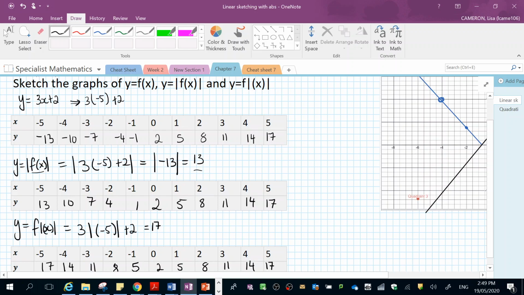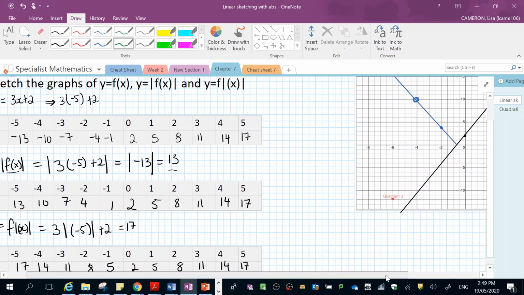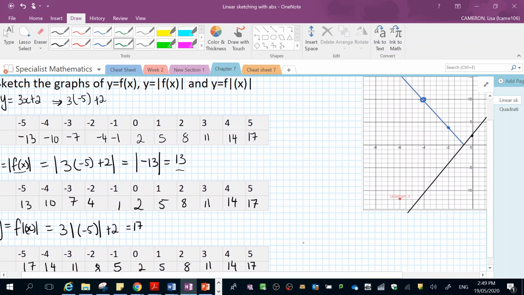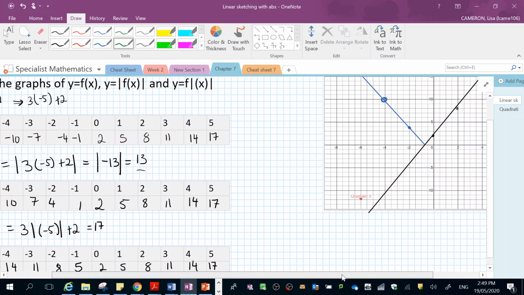Okay, now I can sketch this one onto my graph. So we're going to choose a different color to do this. Let's choose to do this one in green. Okay, so now my first step, plot some coordinates on. I'm going to pick 2. I'm only going to plot 2 of these on so that you can see what effect it has on the straight line here. So we're going to plot on when x is negative 2, y is 8. We're going to plot on when x is negative 4, y is 14.